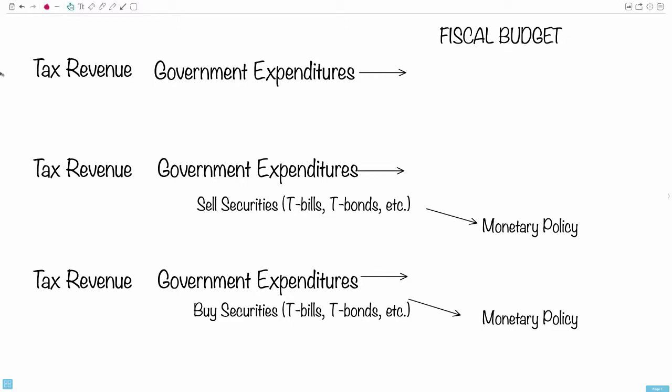So let's start by talking about three basic possibilities. These possibilities, 1, 2, and 3, are as follows.